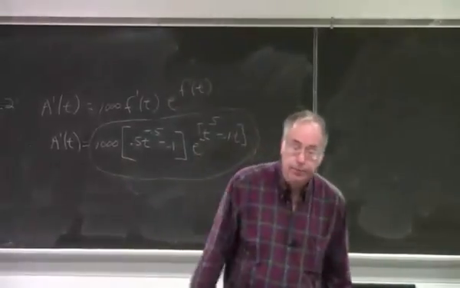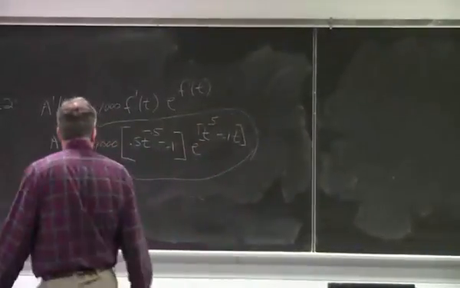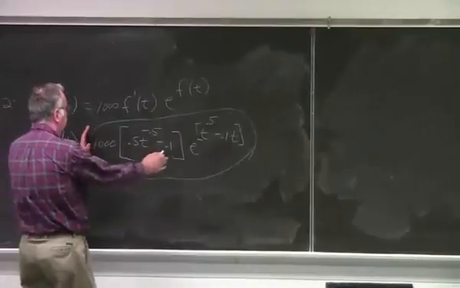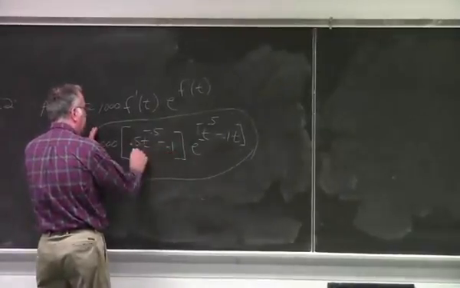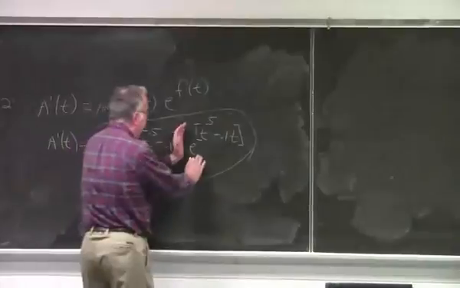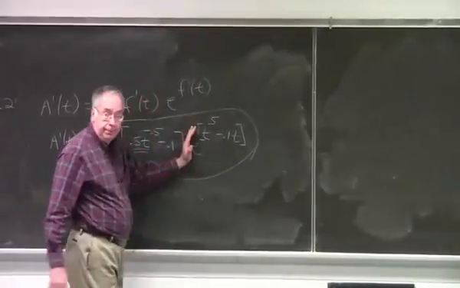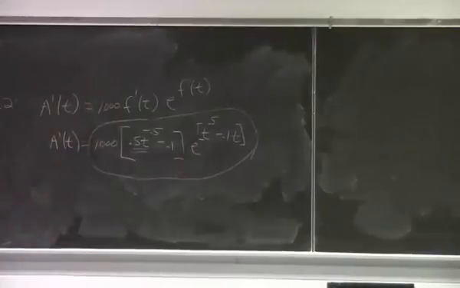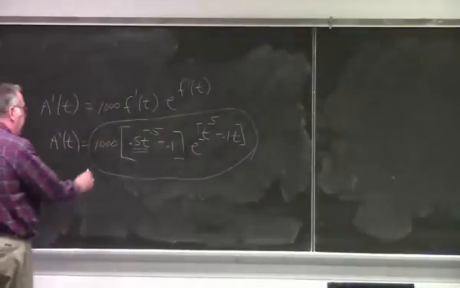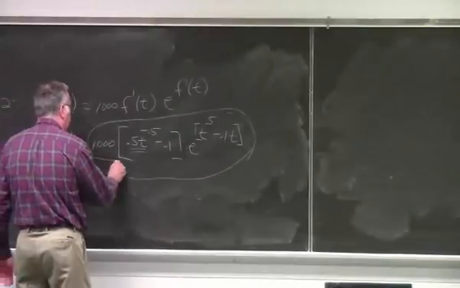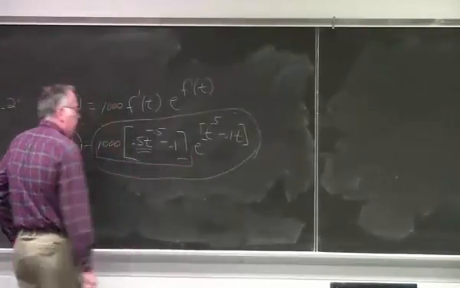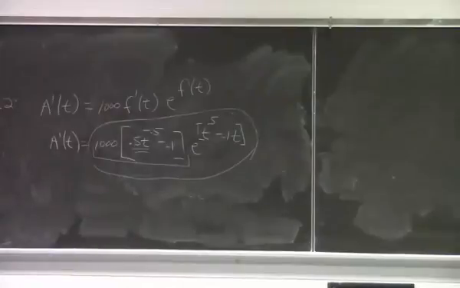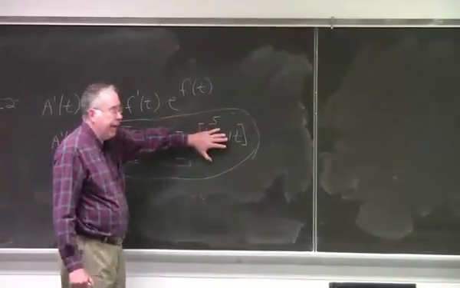The product rule. Exactly right, Dana. This expression right here is a function of t, but it's multiplied times another function of t. So we're going to have to use the product rule. Let's call this first part g of t, and call the second part h of t.